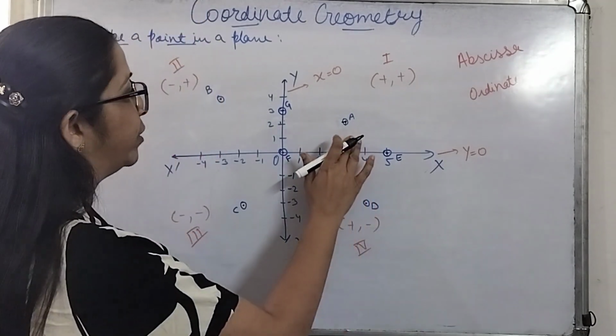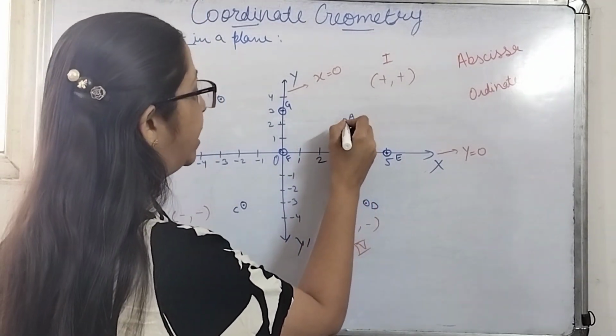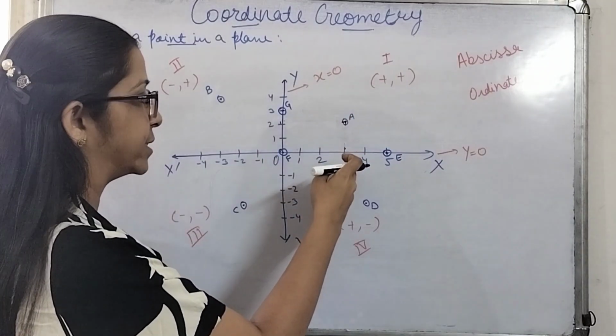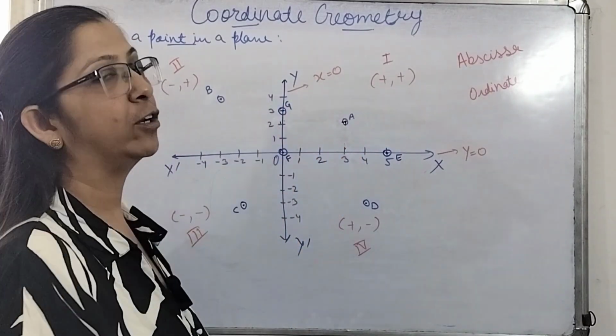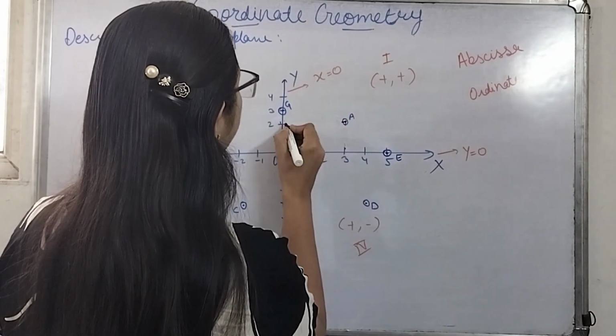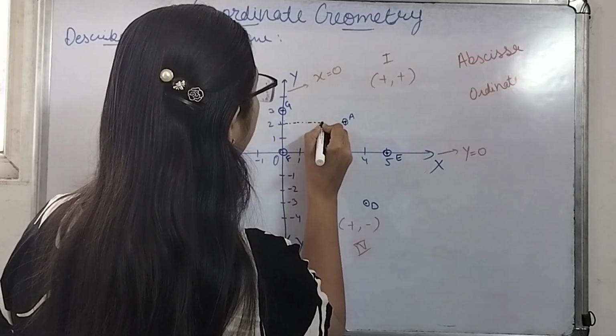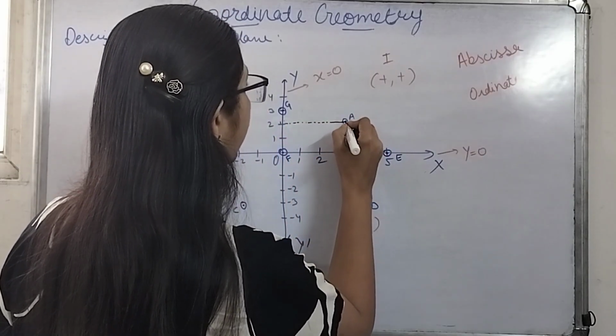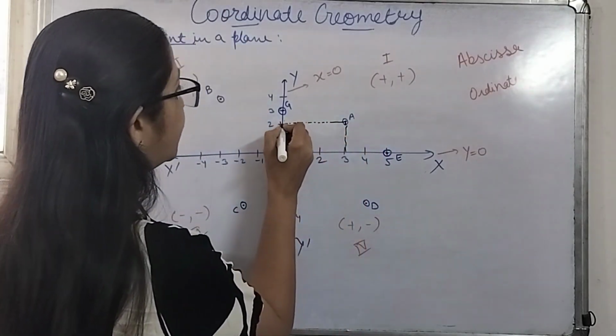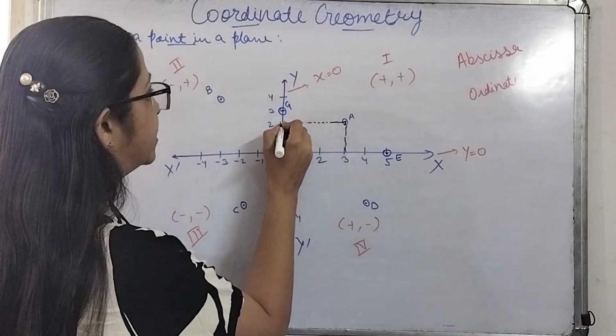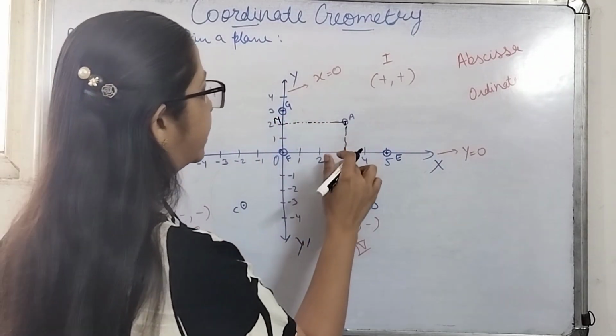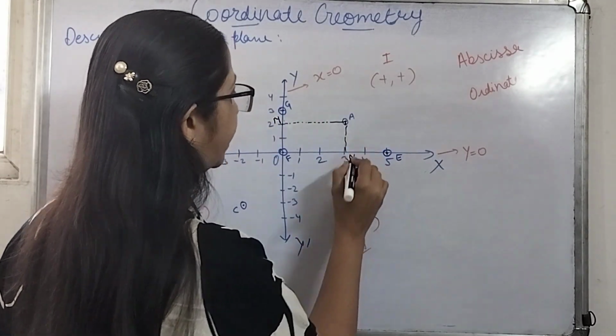First, from this point A, we draw a perpendicular on the x-axis and a perpendicular on the y-axis. Suppose it intersects the y-axis at point M and the x-axis at point N.